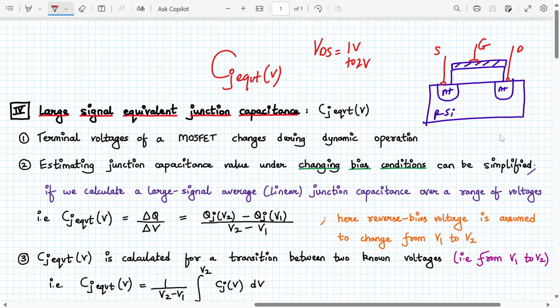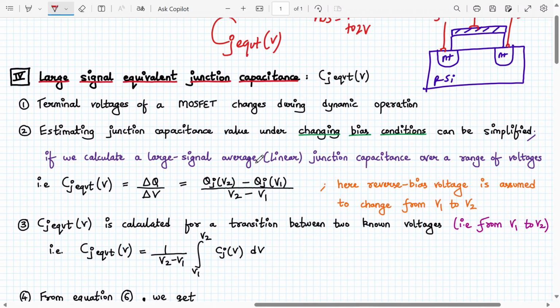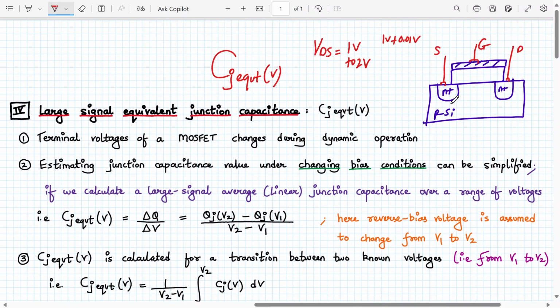Normally we apply a small incremental change, like 0.01 volt. But right now VDS is changing from 1 to 2 volt, which is a large signal change. So we will calculate the large signal average junction capacitance over the range of voltages. If VDS is changing from 1 volt to 2 volt, what will be my Cj equivalent? It is also a function of voltage.